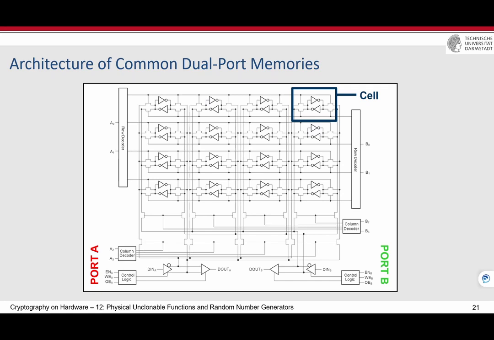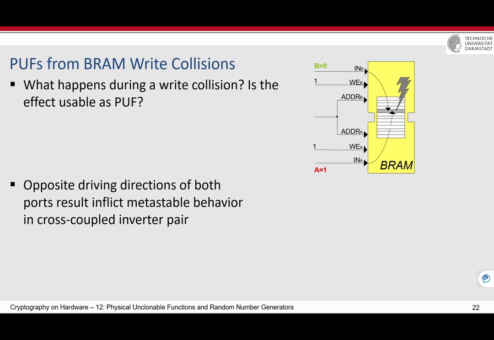Then every cell and every bit of the memory can be checked, and this is called BRAM write collision. You write at the same time with 0 and 1, fully 0 and here FF, depending on the size of the port, and then you read from there afterwards whether it was 0 or 1.